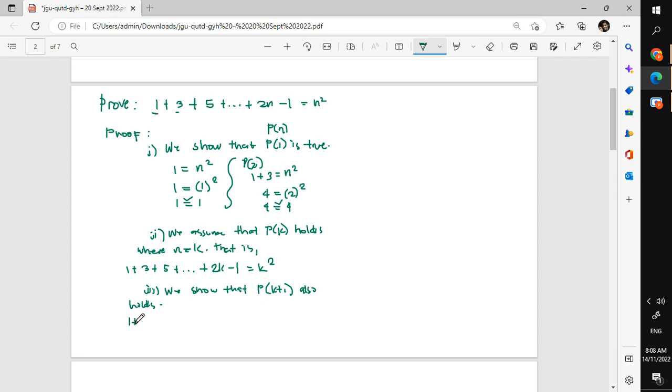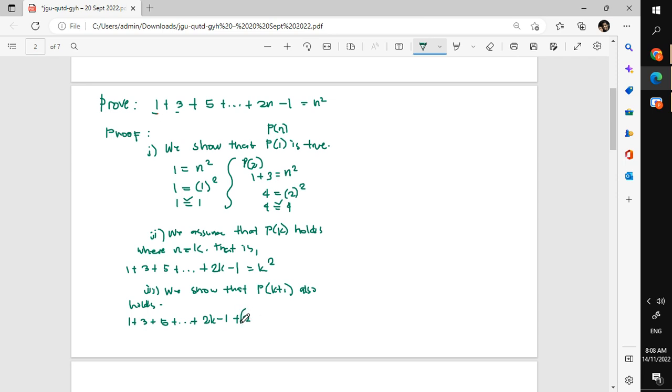We have 1 plus 3 plus 5 plus dot dot dot plus 2k minus 1, and then we will add another term using the last term on the left side of the given statement. So k will be replaced with k plus 1.